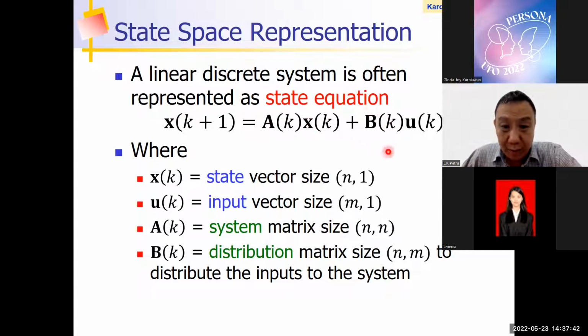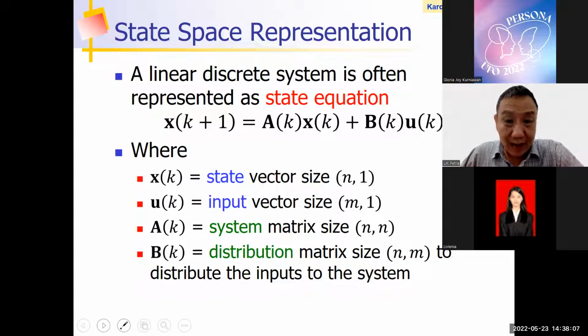How about B? B is the distribution matrix of the input U to the system. The number of inputs U is M, so B size must be N times M.